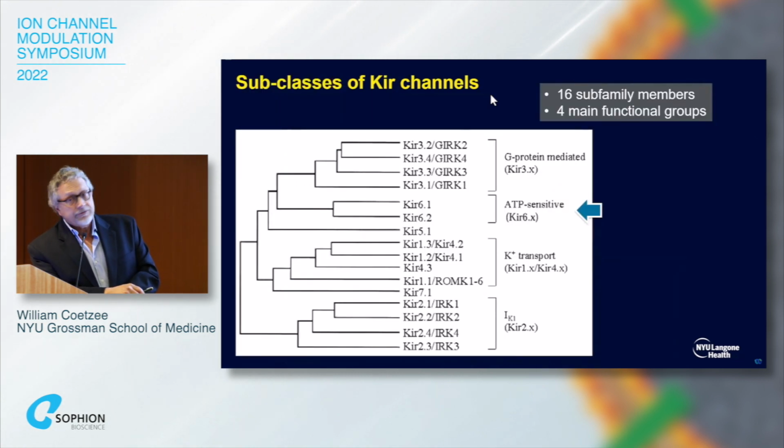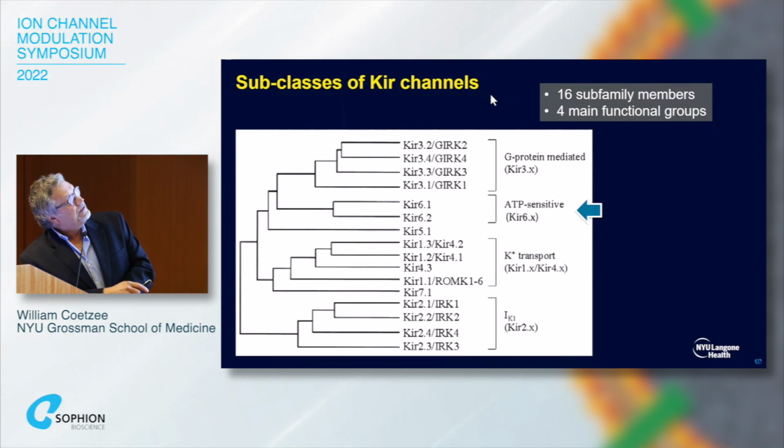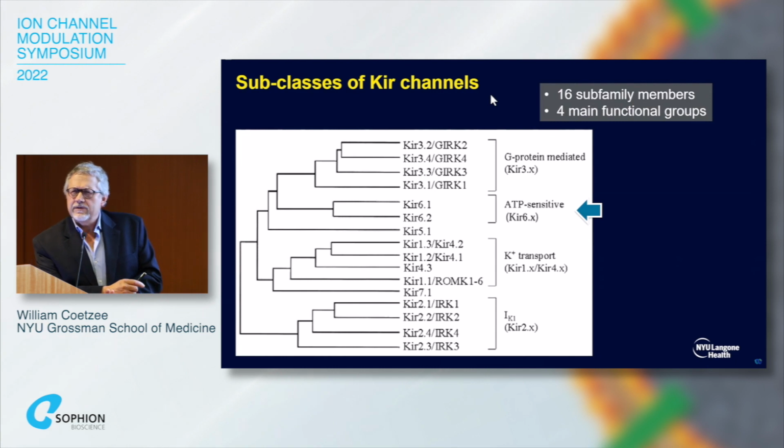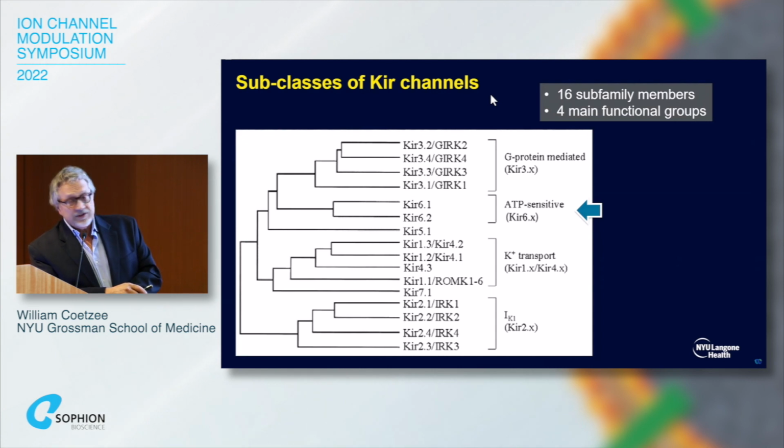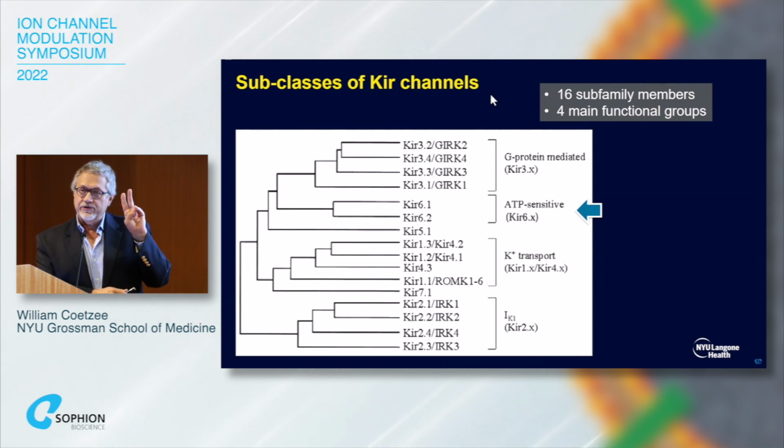Of the inward rectifier potassium channels, there's something like 15, I've lost count. They fall into 4 different groups. The Kir3s code for the G protein activated potassium channels, those channels that get activated by acetylcholine and slow the heart rate when you sleep. The ATP-sensitive potassium channels we're going to talk about today, there are 2 of them, Kir6.1 and Kir6.2.